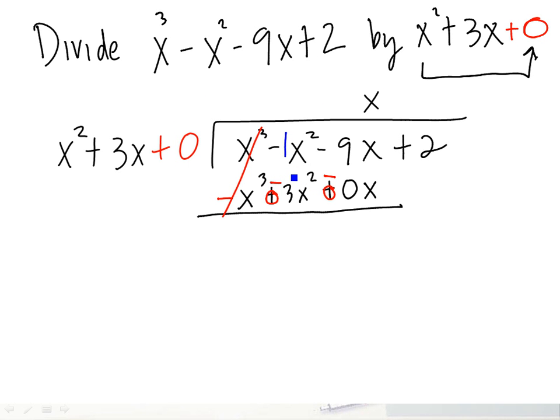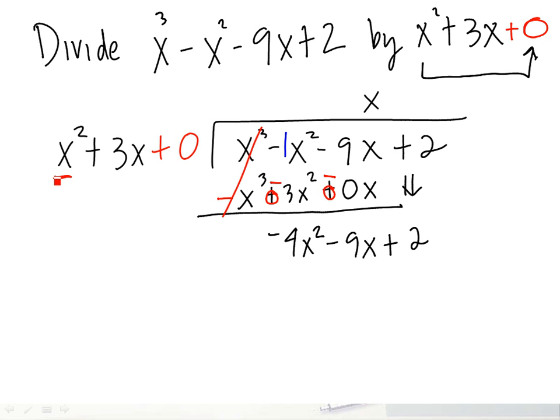It's -1 minus 3. What is -1 minus 3? -4x squared. And what is -9 minus 0? -9x. And then, guess what? We always need to bring down the next term. Plus 2. And we're going to start back over.